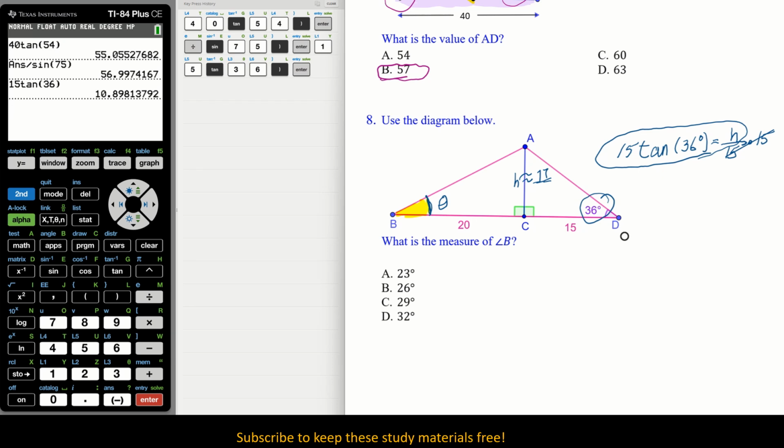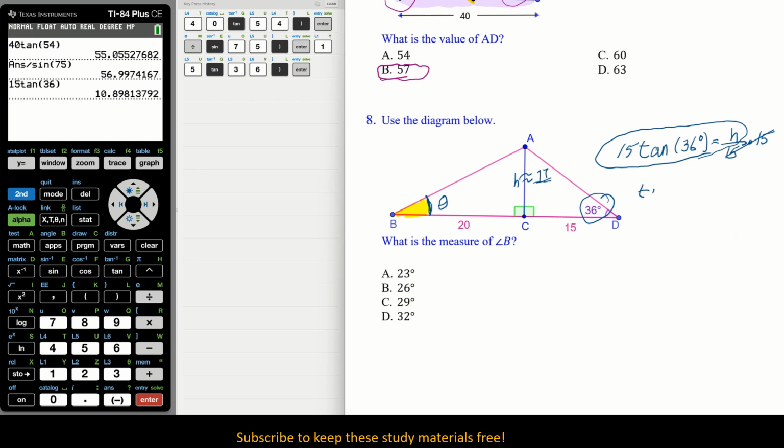All right. So then if we go to our angle B, what do we really have? Well, we have the same situation of opposite over adjacent. So we're going to apply that tangent one more time. But this time it will be tangent of theta, right?